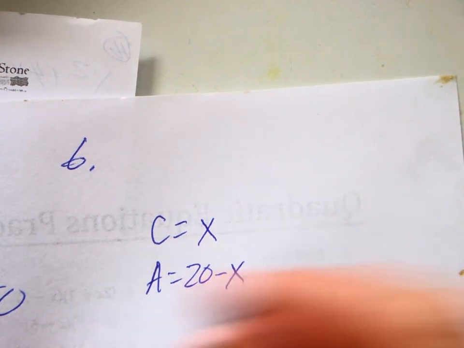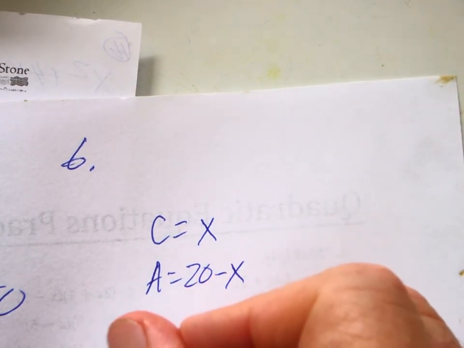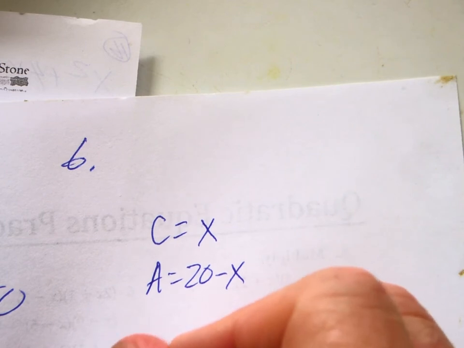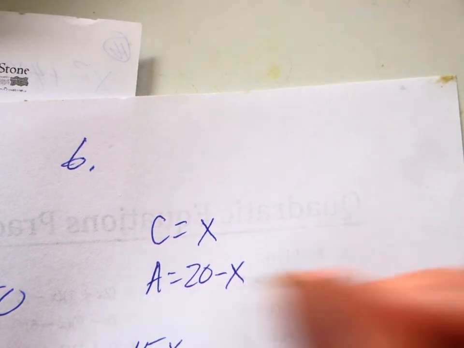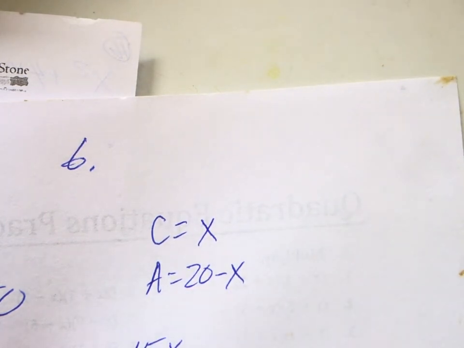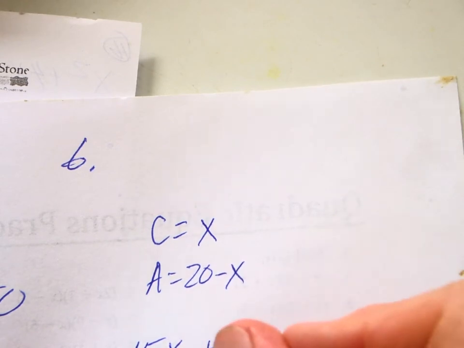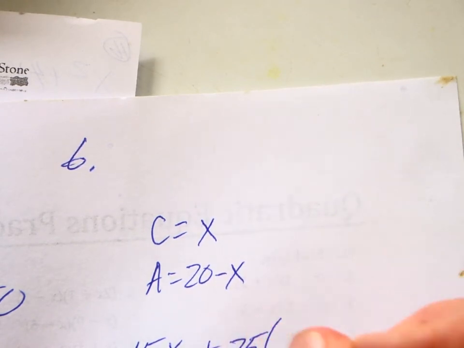So when I figure out how much that costs, children's is $15 times X. That tells me how much my children tickets cost, plus $25 times how many adult tickets, which is 20 minus X.